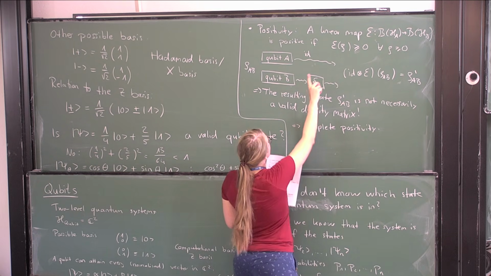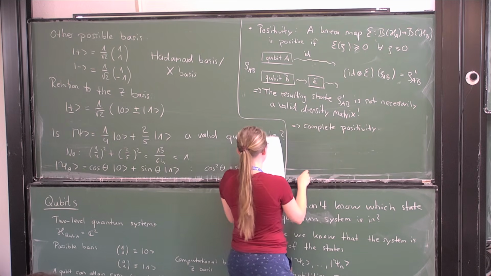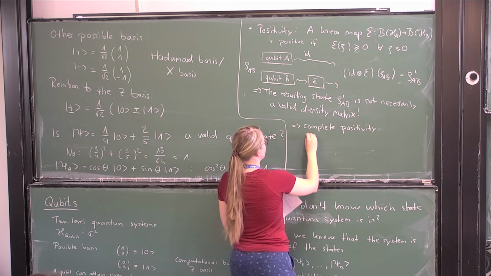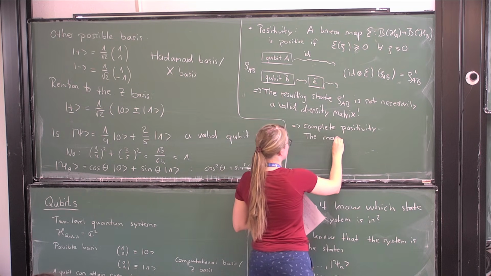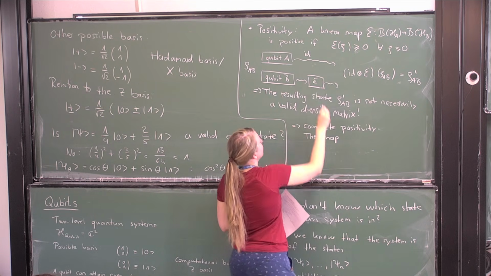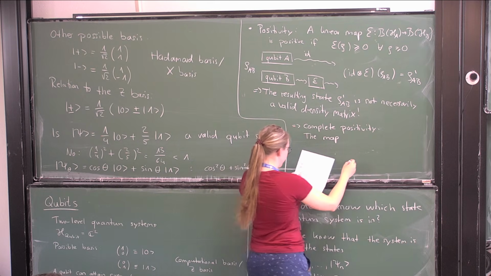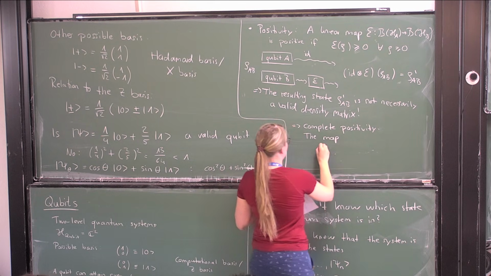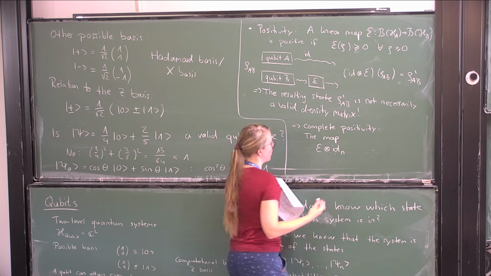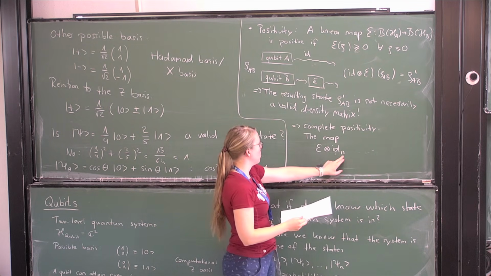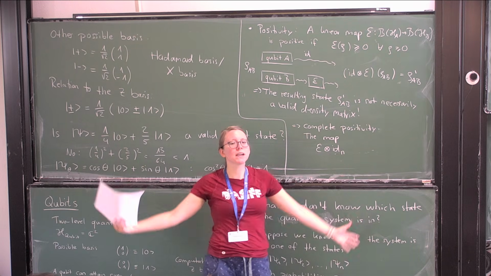This then is what it means for the map to be completely positive. A linear map is completely positive if the map E tensored with the identity on a Hilbert space as big as you would like is positive.